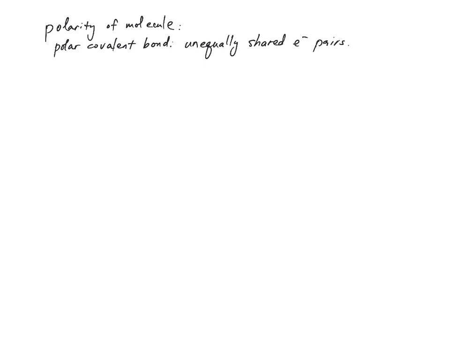But sharing is different between different bonds. What do you mean? Well, think about two hydrogens sharing a pair of electrons and hydrogen and fluorine sharing a pair of electrons. Between the two hydrogen atoms, you have the two exact same nuclei attracting one pair of electrons. This is going to be equally shared.